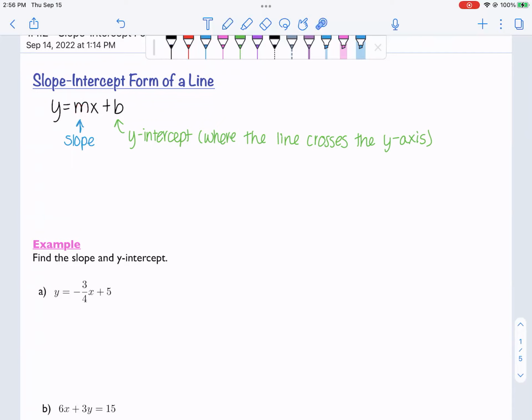So if a line is in slope-intercept form, the number next to x is the slope.